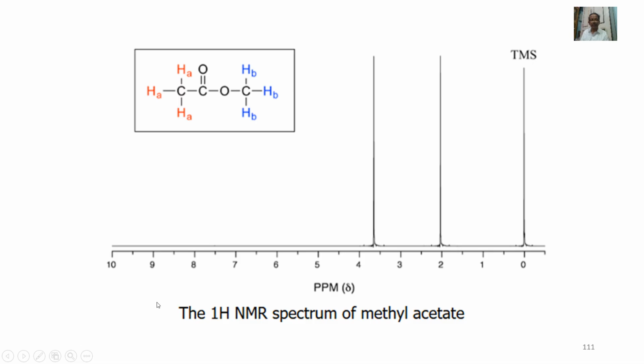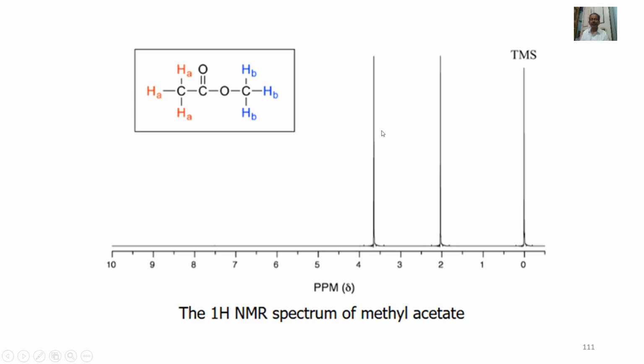So here is the example of the proton NMR spectrum of methyl acetate. We have three signals, and the first one, which shows 0 ppm, is your reference signal, which is TMS.